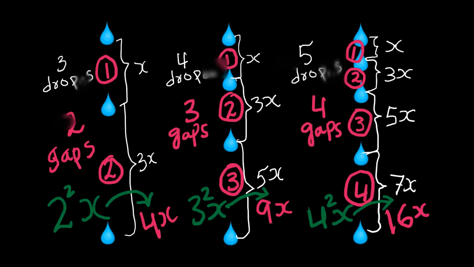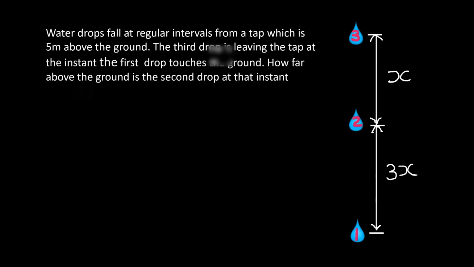Using this, we will solve the first problem again. We solved the first problem earlier, but even more quickly we can solve it. The distance between the third and second drop is x, and between second and first drop is 3x. We know all this, but what I'm telling here is, in the 3-drop case, how many gaps? Two gaps.